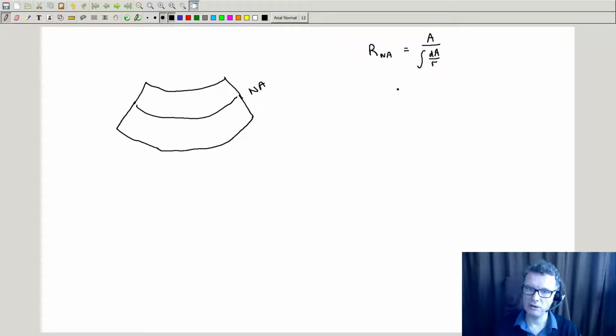So the R is an arbitrary point from here. So that's my red dot. So R is just an arbitrary point in space.